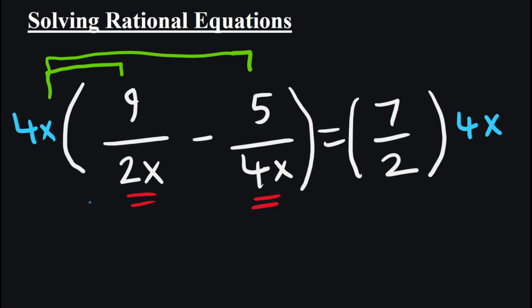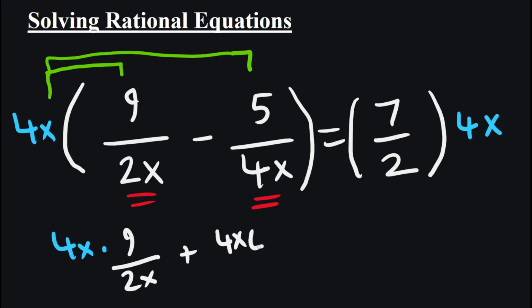So let's go ahead and do that. We have 4x times 9 over 2x, plus 4x times negative 5. It's this negative 5 up here. 4x times negative 5 over 4x.